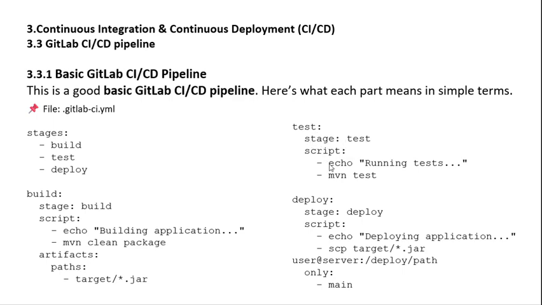script: - echo "Running tests", - mvn test.